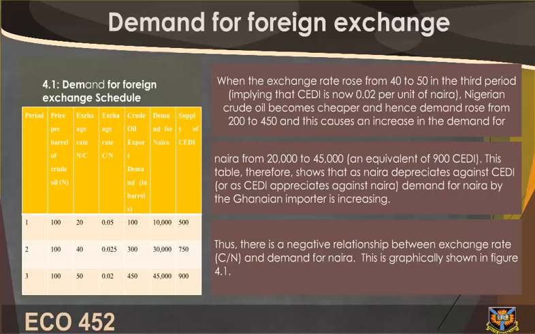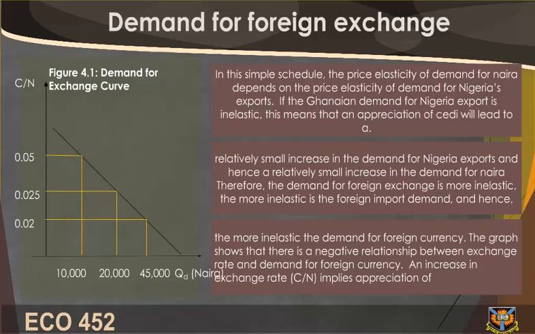This table therefore shows that as Naira depreciates against cedi, or as cedi appreciates against Naira, demand for Naira by the Ghanaian importer is increasing. Thus, there is a negative relationship between exchange rate cedi to Naira and demand for Naira. This is graphically shown in Figure 4.1. In this simple schedule, the price elasticity of demand for Naira depends on the price elasticity of demand for Naira's export.